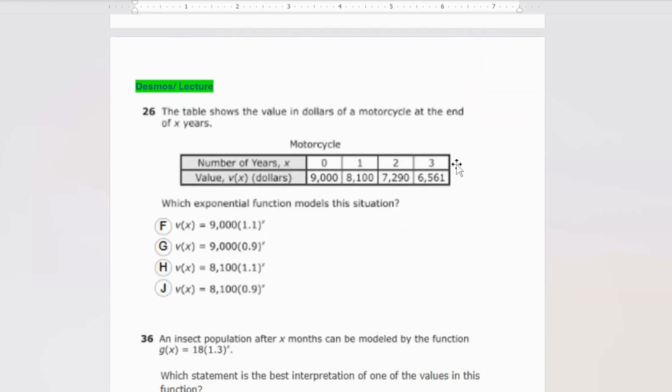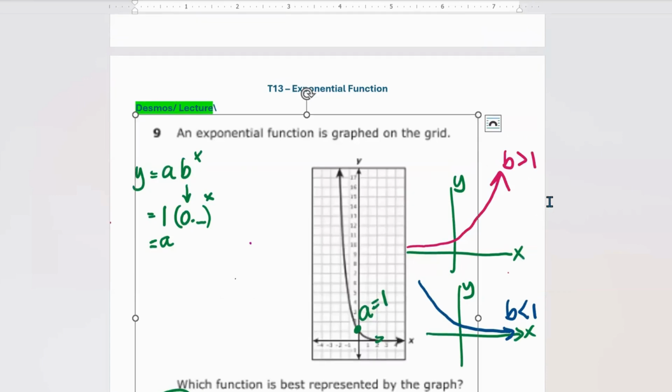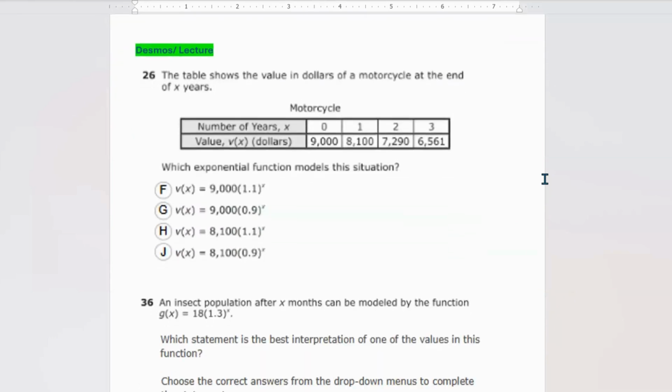Now, let's go to the next question. The table shows the value in dollars of a motorcycle at the end of x years. Which exponential function models this situation? On the table, I noticed that there's a 0 and 9,000, x and y. This tells me that this is my y-intercept, the a.